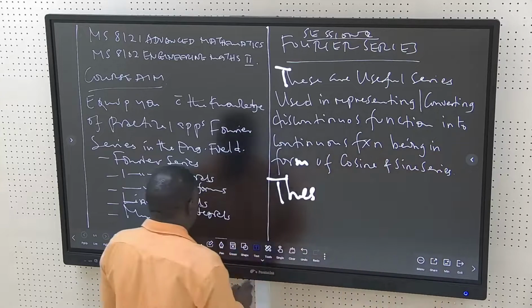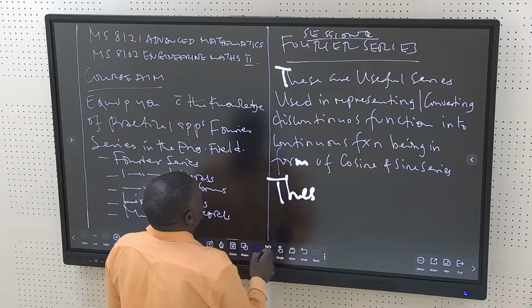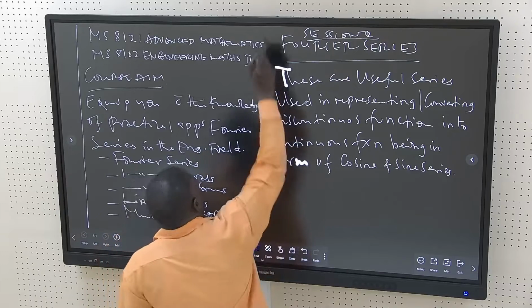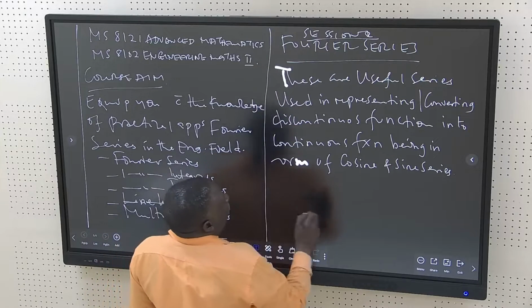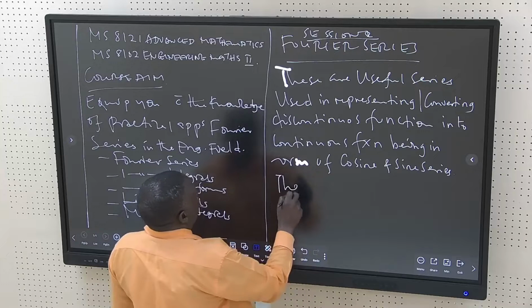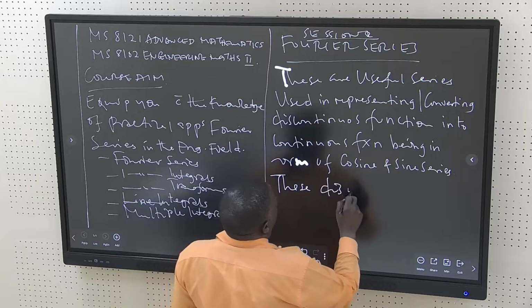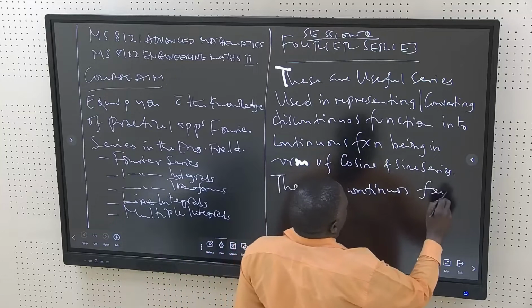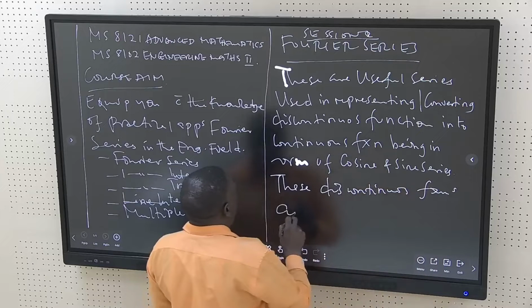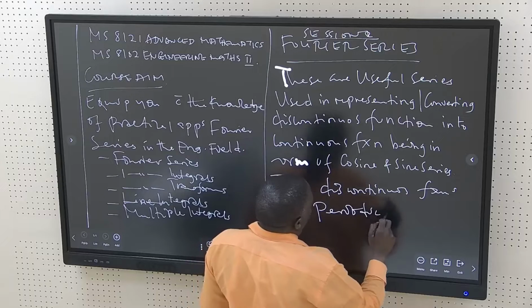We say these discontinuous functions are like periodic functions. So these discontinuous functions are periodic functions.